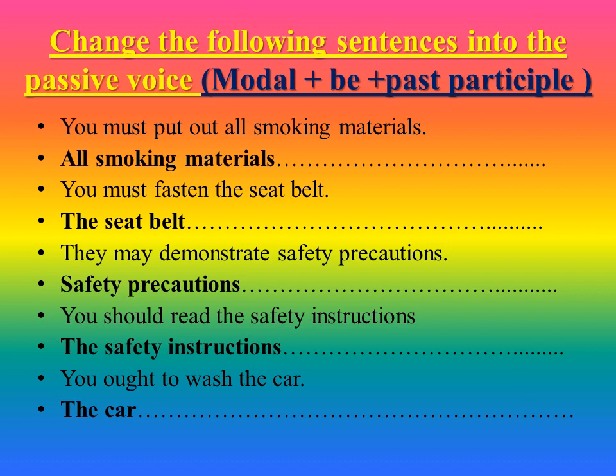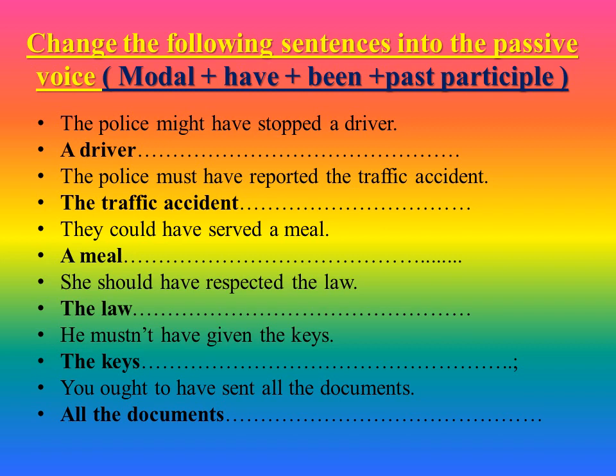Remember that the form of modal in the present is modal plus be plus past participle. We are talking about the passive, of course. The use of present modals in the passive and the use of perfect modals in the passive voice. So this is an exercise of present modals in the passive, and this is another exercise for perfect or past modals in the passive voice.